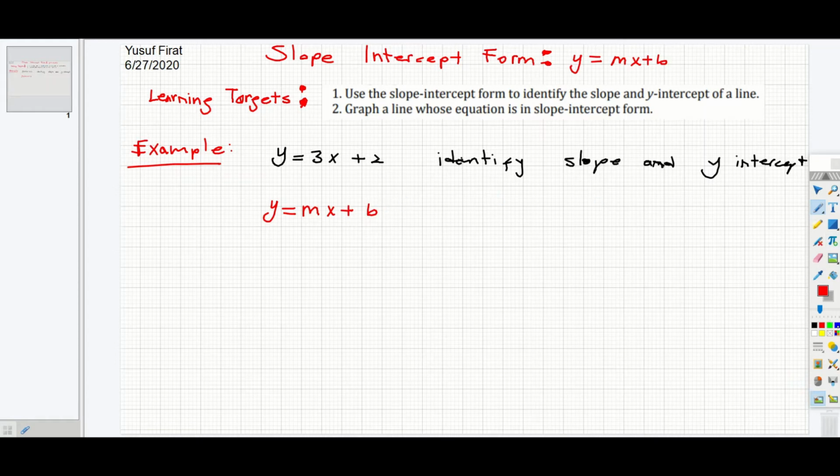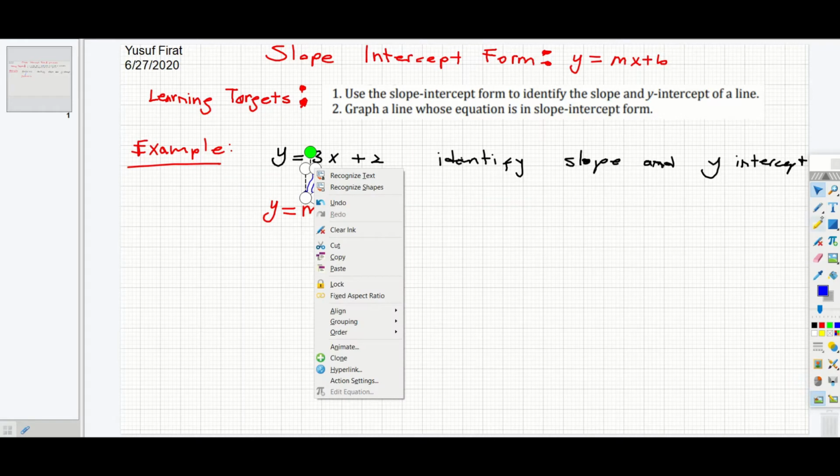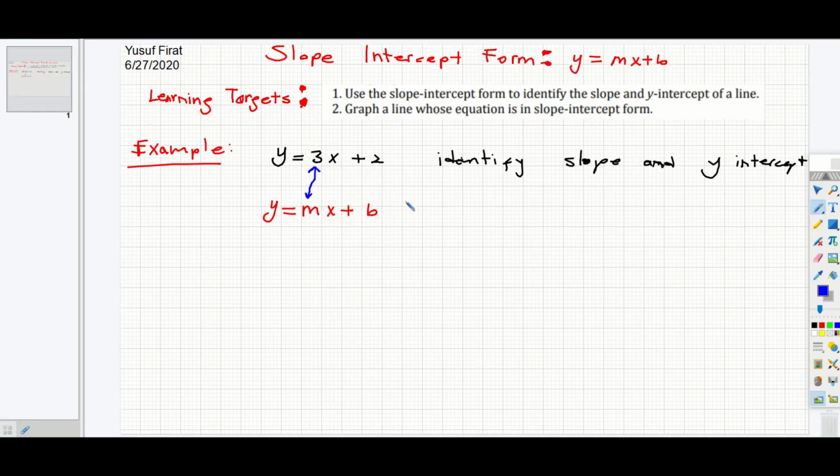Since this question is given in y equals mx plus b form, the coefficient of x matches with m, which in our question is 3, and the constant is b, which in the question is 2. That means m equals 3 and b equals 2.